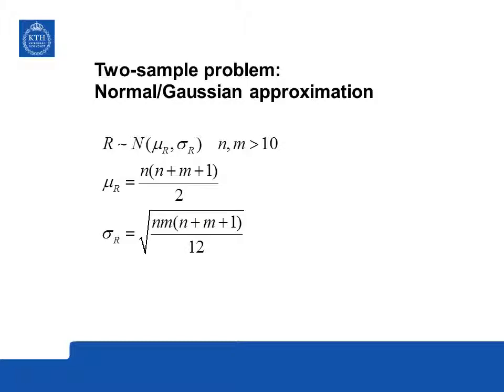However, if you have large sample sizes, when the sample sizes m and n are larger than 10, it's easy to see that the test statistic R is about Gaussian distributed, with mean mu_R and standard deviation sigma_R, where the average mu_R corresponds to the case when both x and y are evenly spread over the vector z, and have the same rank sum.